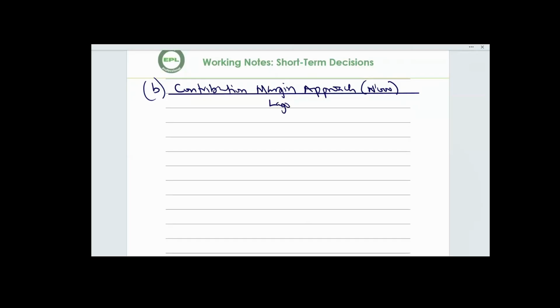Lagos, Benin, Kaduna, then the total for the organization as a whole. I don't need to write out the unit again. We've written it before. Therefore, the sales value, pay attention to this.